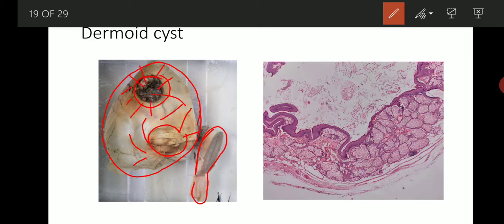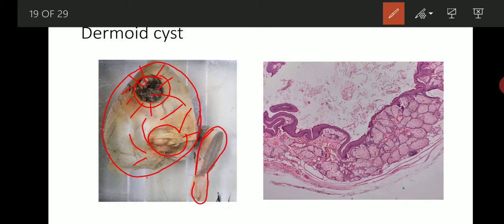Because this is a museum mounted specimen, the contents of the cyst have been removed. Otherwise, usually the cysts contain a lot of cheesy material, because the cysts are usually lined by a squamous epithelium, and the squamous epithelium produces keratin. So keratin gets deposited within the lumen and appears as a cheesy, necrotic, foul smelling material.